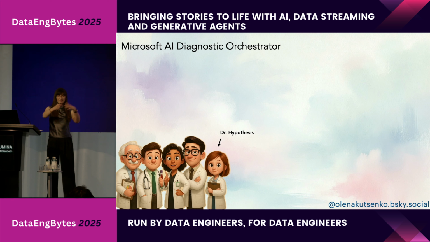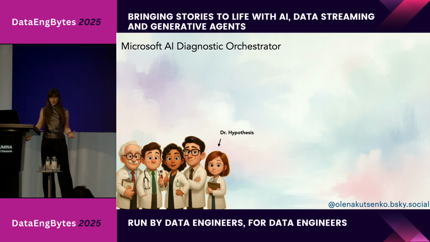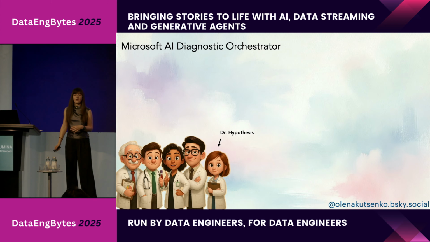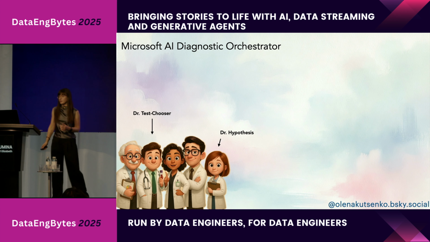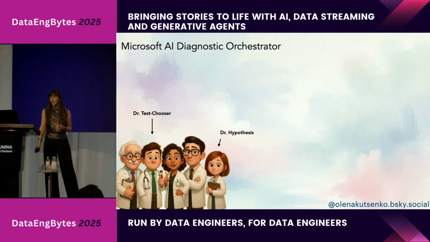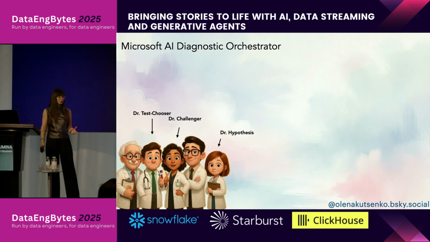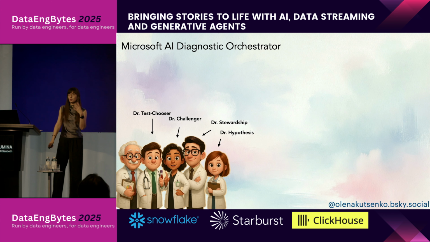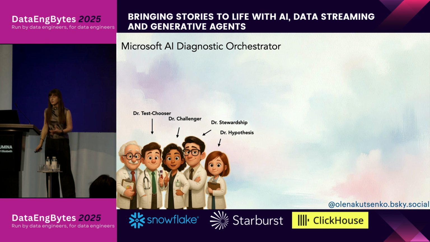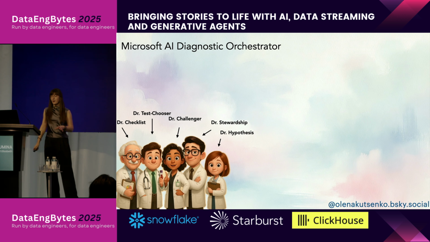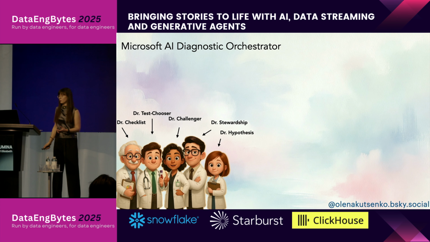And instead of taking a doctor, you take several agents. Those agents collaborate on finding out what is wrong with the patient. But you give different roles to the agents. For example, you have a doctor hypothesis agent to suggest the most probable cause of the illness. Another agent to choose tests. Some agents to challenge the assumptions and biases. Someone to fight for the lower price, and someone to control that everything is going according to the plan.